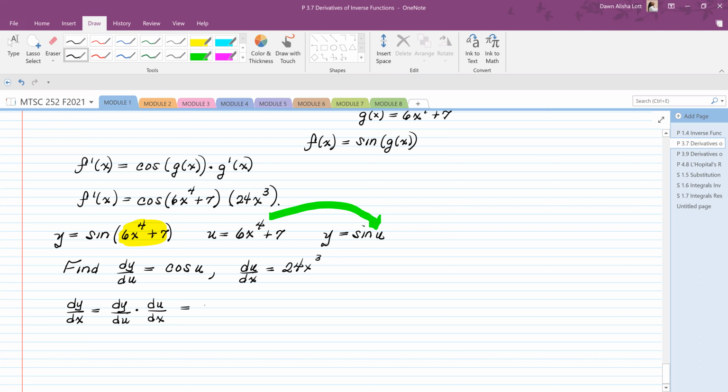Dy du is cosine u, and du dx is 24x cubed. I would put the 24x cubed in the front, because we normally put polynomials in the front. And then I would write cosine of u, and u is 6x to the 4th plus 7.